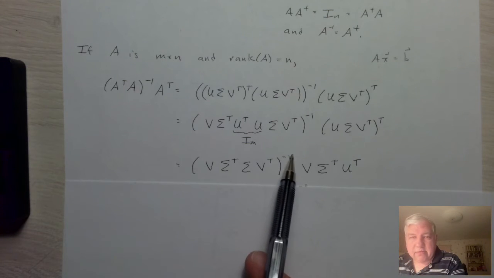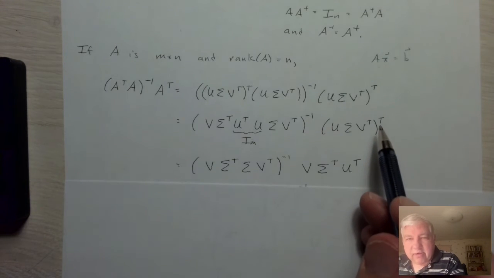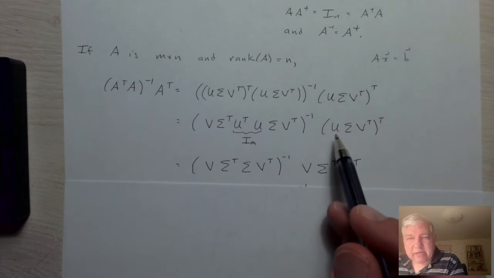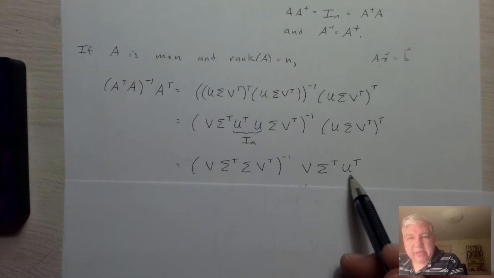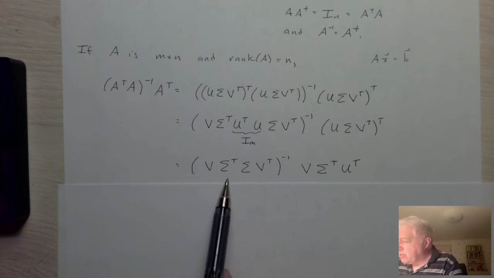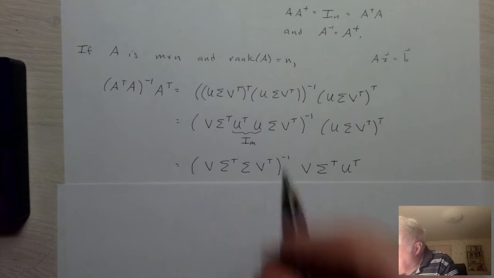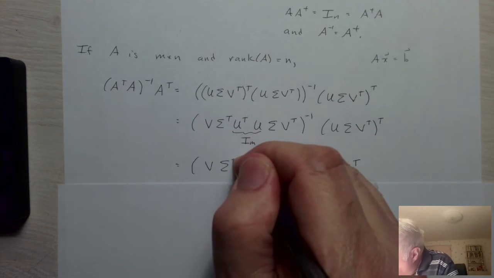Okay, take the inverse of that. And then in this next step, we also use the properties of the transpose. The transpose of this product, again, is V sigma transpose U transpose. Now, we're not bringing sigma plus in yet. This is transpose.